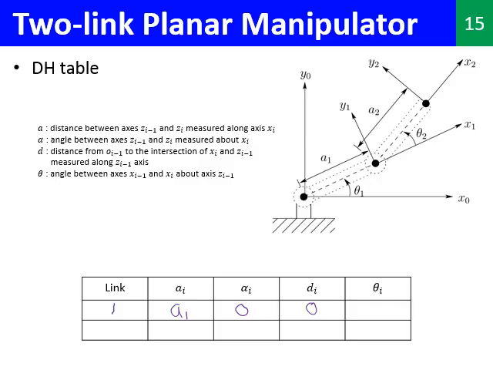Theta is the angle between X0 and X1 about Z0. Here we have X0, here we have X1. So we need the angle between these two measured about Z0 with the positive sense. Therefore this is going to be theta 1. Now this is a joint, therefore this theta 1 is a variable. So we can put theta 1, and we are going to put an asterisk as well, which says that it is a variable.